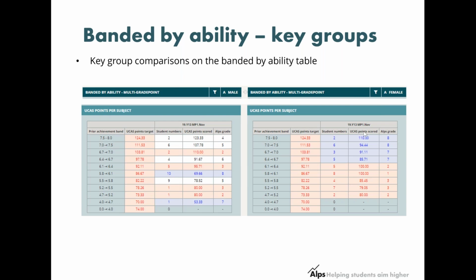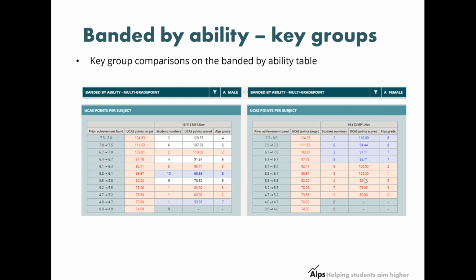And you can actually see that the UCAS point output, like these students here, are all getting more than these students in this banding category. So again, as governors, you're going to be asking the question of, my goodness, what are those girls doing? Why aren't they making the progress? What subjects are they doing? And how can we put intervention in place to support them?